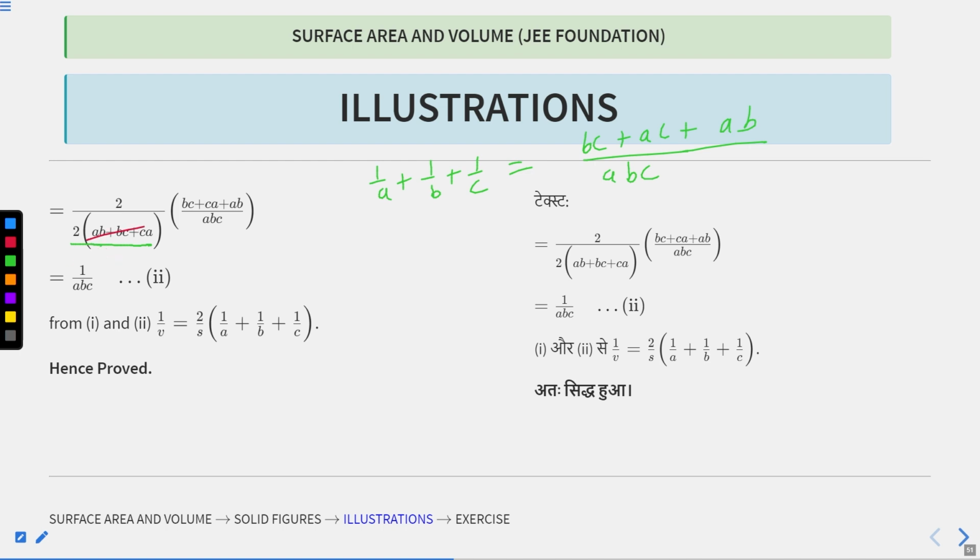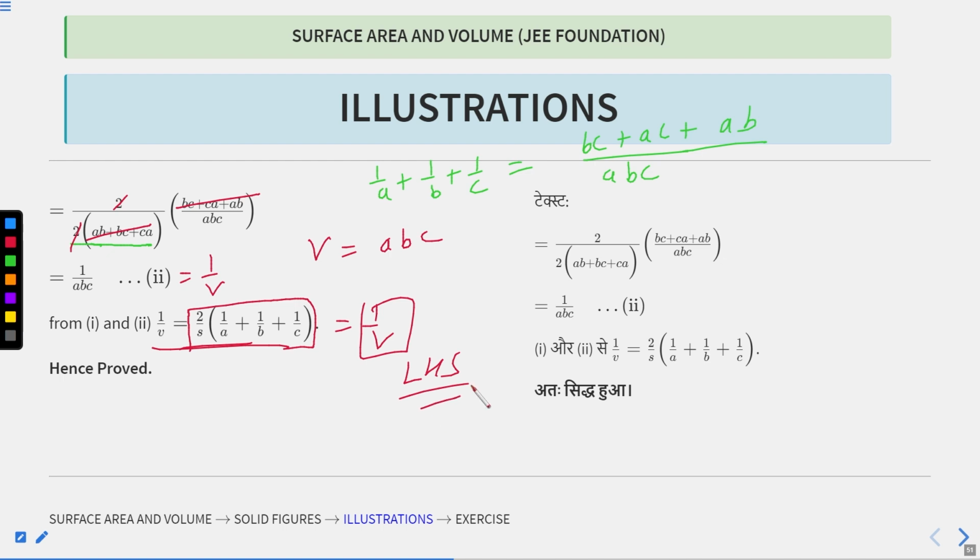We know both of these quantities, AB plus BC plus CA, are equal, so they get cancelled, and this 2 will also get cancelled. So we are left with 1 upon ABC, and we already knew the volume is ABC, so it is equal to 1 upon V. So we proved that the right hand side is equal to 1 upon V, which is our left hand side. I hope this is also clear to you.